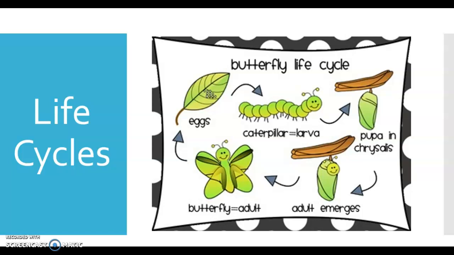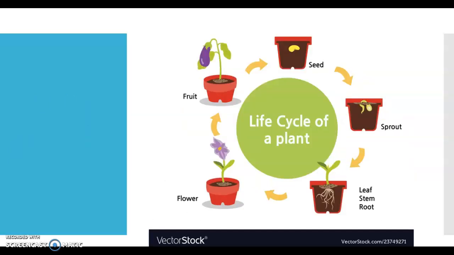Again, when you are talking about creatures and life cycles, you are going to want to talk about that. So if you're talking about butterflies, talk about the life cycle, talk about all those different stages that they're going through, and introduce them to the vocabulary within that. If you're talking about plants, talk about the life cycle of the plant and what happens in each of those different stages, because they're going to be observing those.